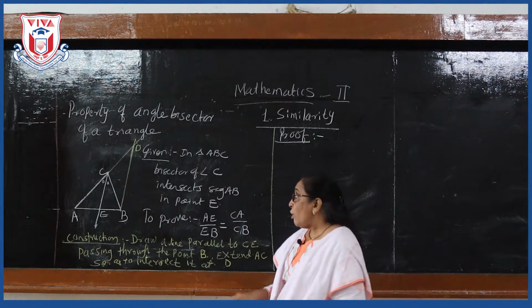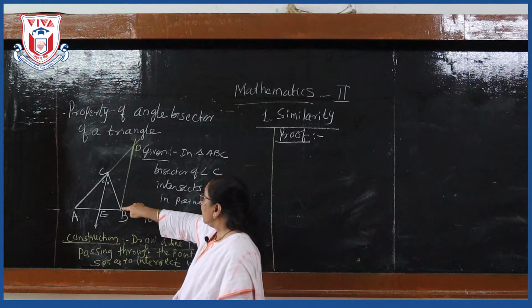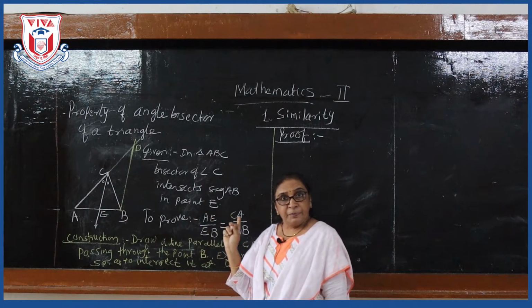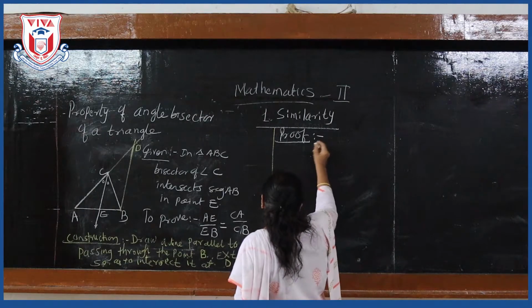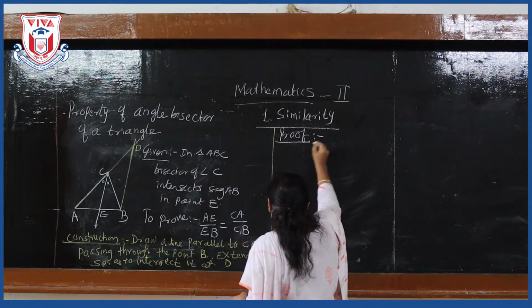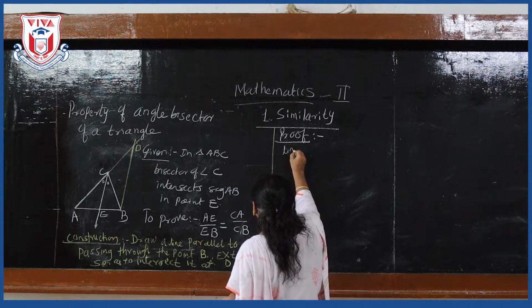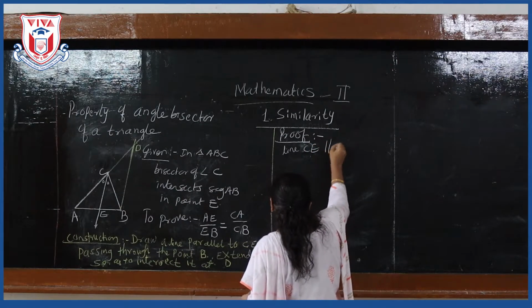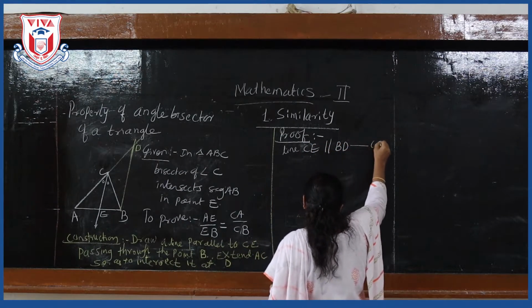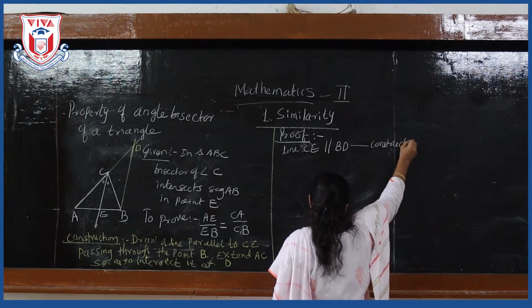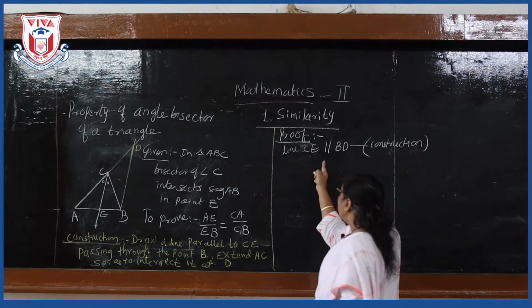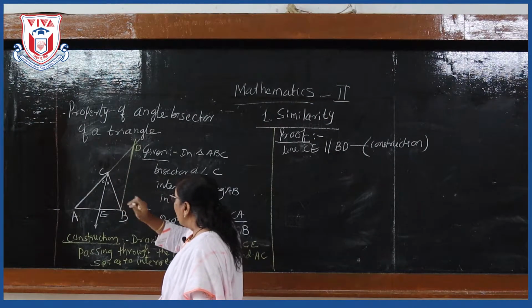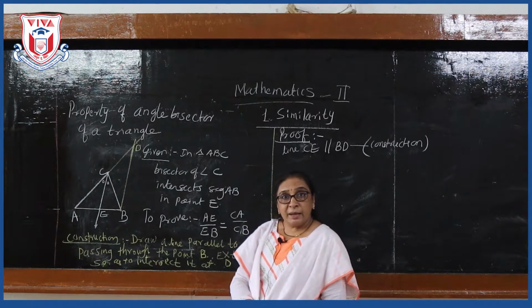Our construction is what? This BD is parallel to CE. Line CE is parallel to BD by construction. Now what's the use of those parallel lines?